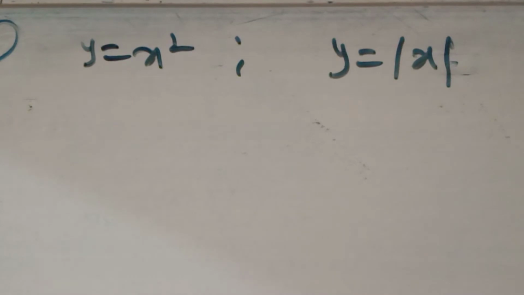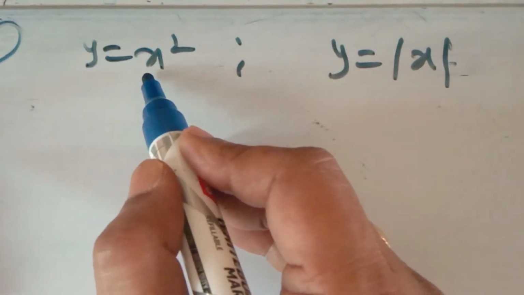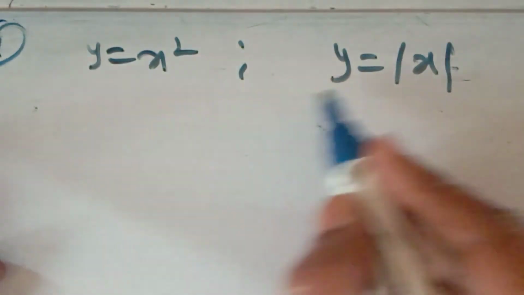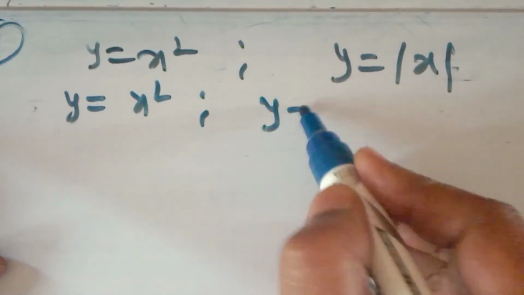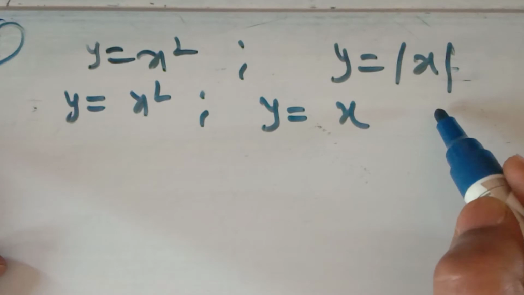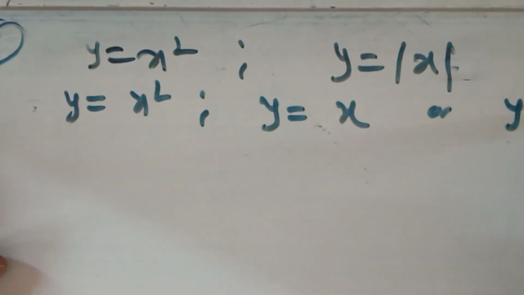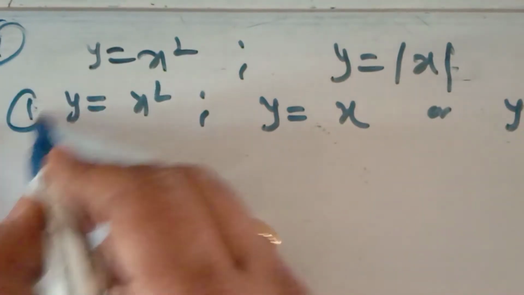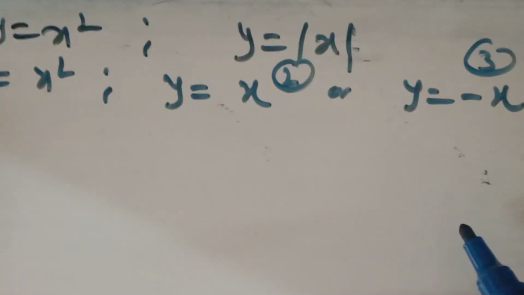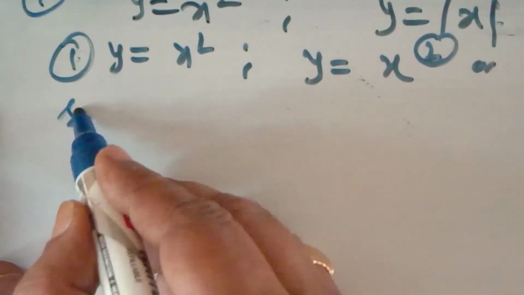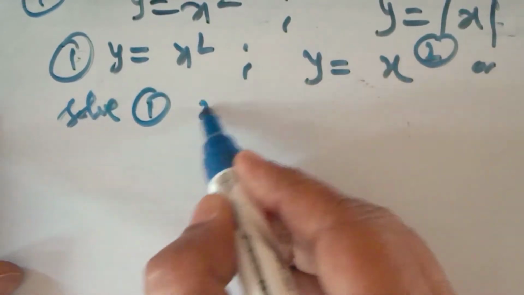Now the first is the vertical parabola, symmetrical to the y-axis, and the second you can write like this: y is equal to x or y is equal to minus x. So first, second, third. Now as usual you first of all find the points of intersection. First and second you solve it.